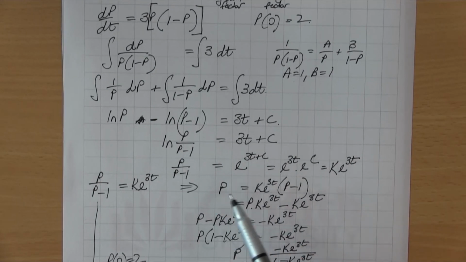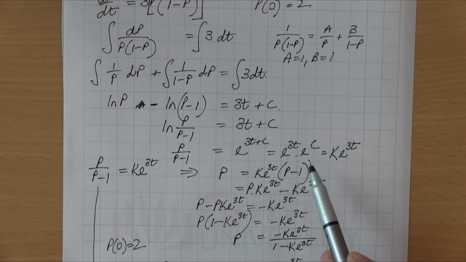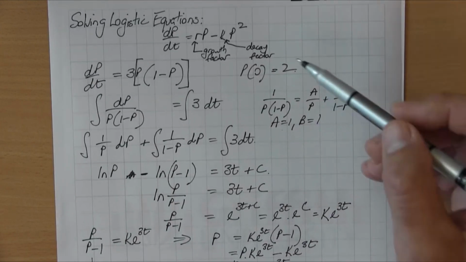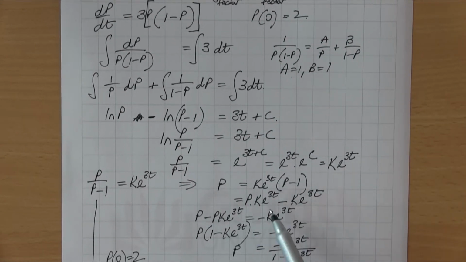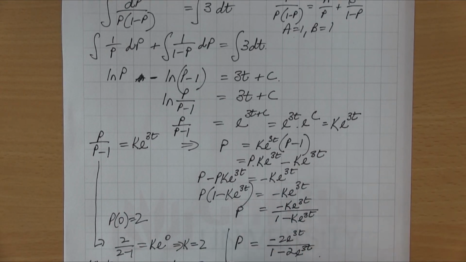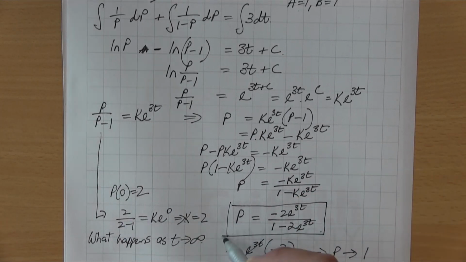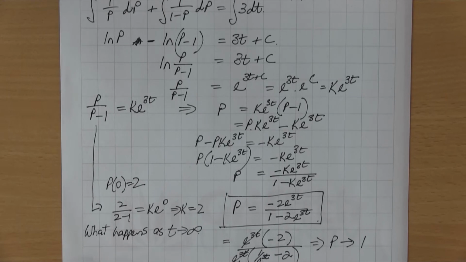We were then able to integrate and make P the subject. We were given some initial conditions which allowed us to work out the constant of integration, substituted that in, and came up with an equation for P, the population at any time t.